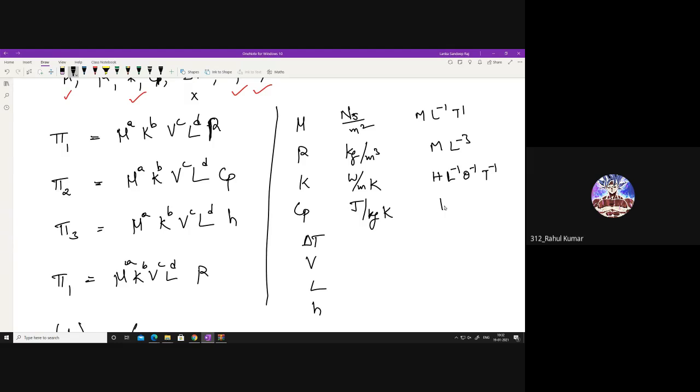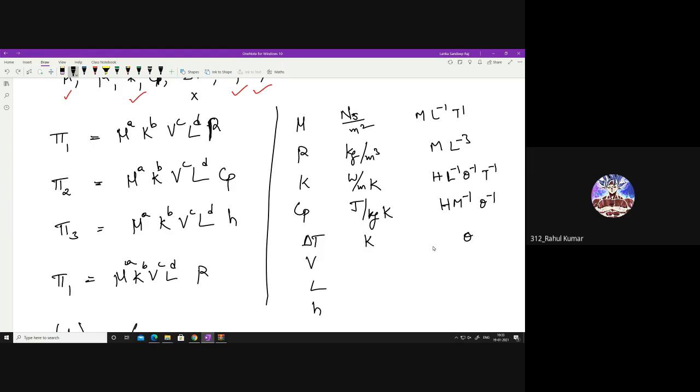For joule you can write H, so it's not L to the power of minus 1, it's M to the power of minus 1, because you don't have meter here, you have only kg, M power minus 1. For k, it is theta to the power minus 1. For delta T, it is anyway Kelvin, so you will have theta.